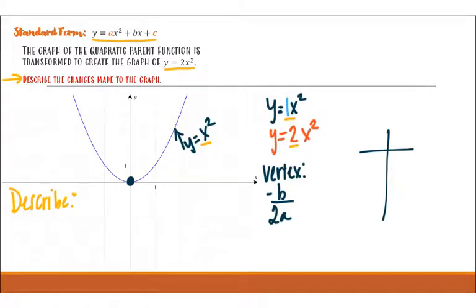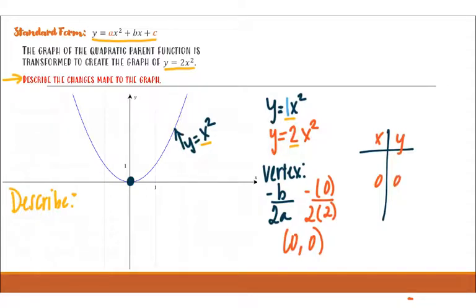For us, we don't have a b value, so when we substitute, we have negative 0 over 2 times, and we know that our a value is 2. This will give us a 0 for the x-coordinate of our vertex. And then if we substitute that into our equation, that will also give us a 0 for the y value as well. So if we complete our table when trying to graph our function, we know 0, 0 is there.